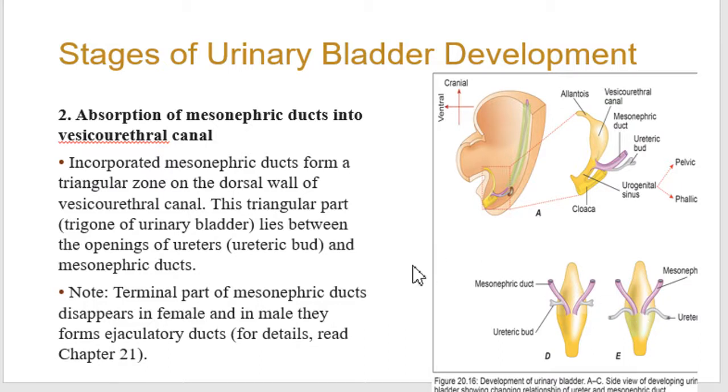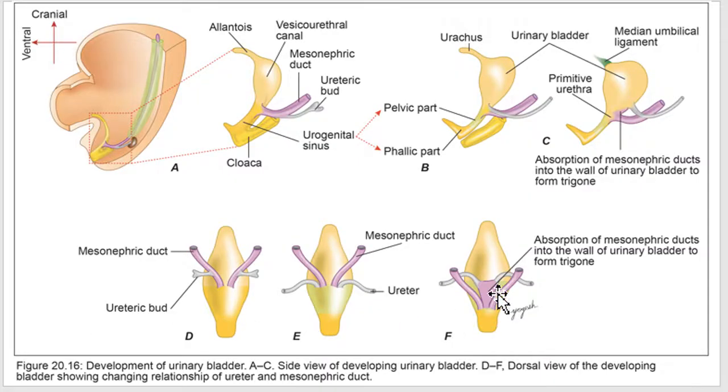So it moves upward and laterally, and forms a triangular area between the opening of the ureter and the mesonephric duct. It is known as the trigone of the urinary bladder. The trigone is derived from the absorbed part of the mesonephric duct.